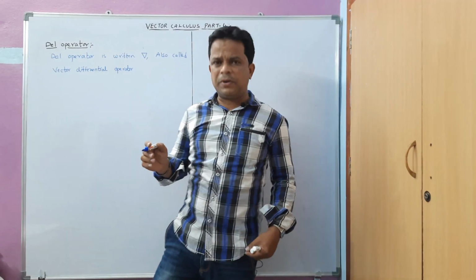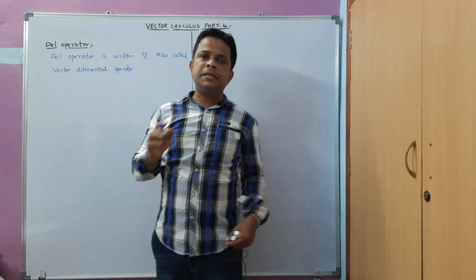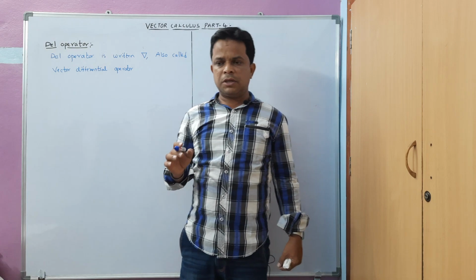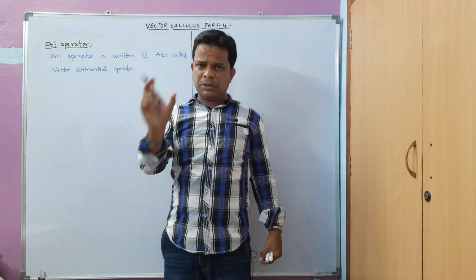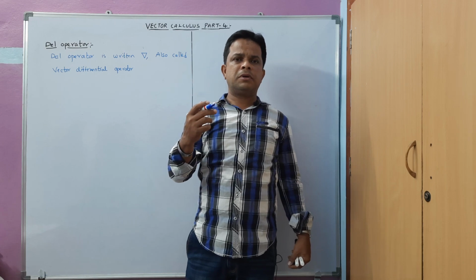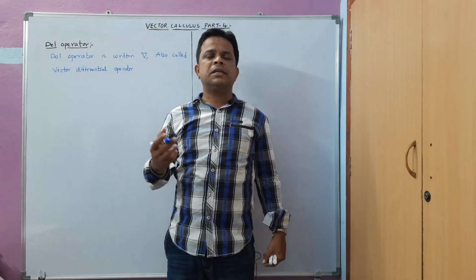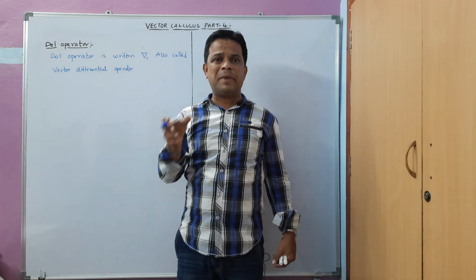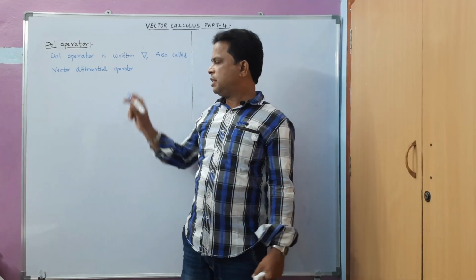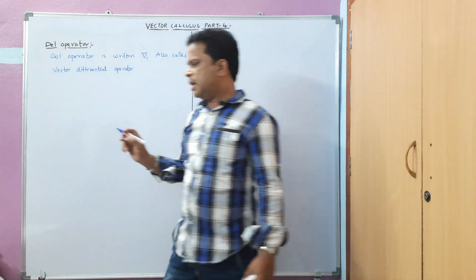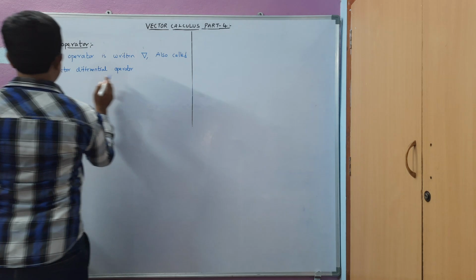First we will write this vector differential operator in the Cartesian coordinate system. Later on, by using that basic equation, we will try to derive the del operator in the other coordinate systems, by taking the help of that first equation which we are going to give in the Cartesian coordinate system.